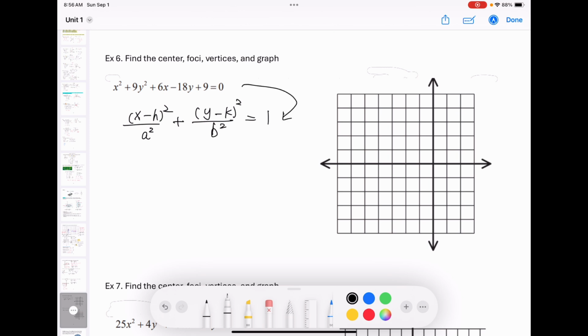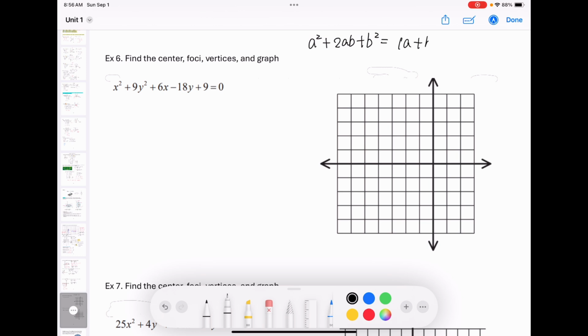And how should we do that? We need to construct our perfect squares for the x squared and y squared parts. If making a perfect square, what do we need? We need a squared plus or minus 2ab plus b squared is equal to a plus b, parentheses squared, or if this is subtraction, we have subtraction.